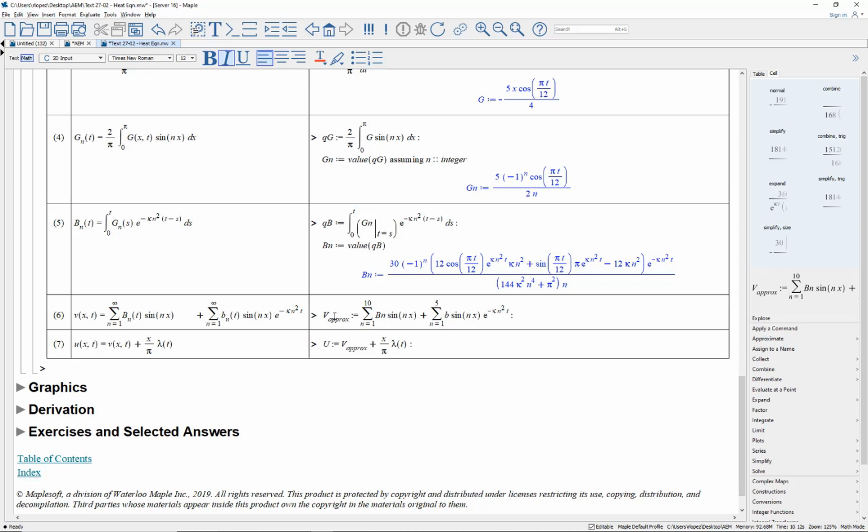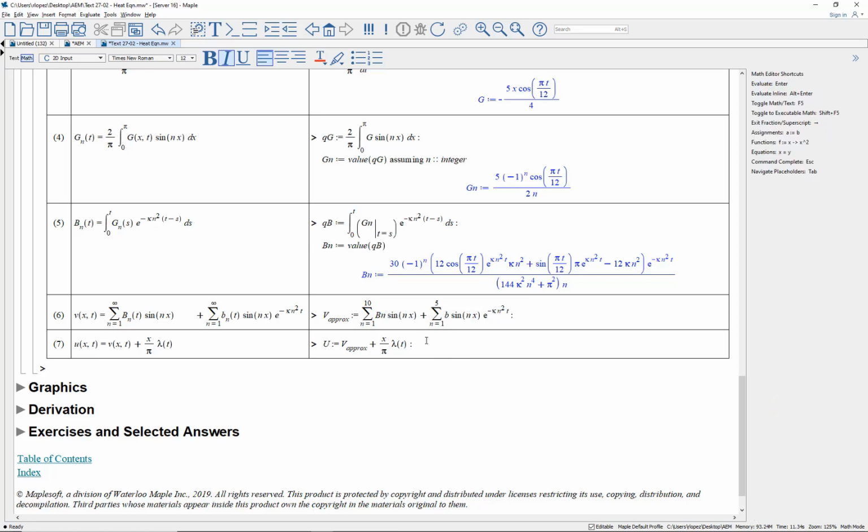That allows us to write down series for V. Here's the series for V, but I'm just going to take a partial sum, and having V, I can get U.